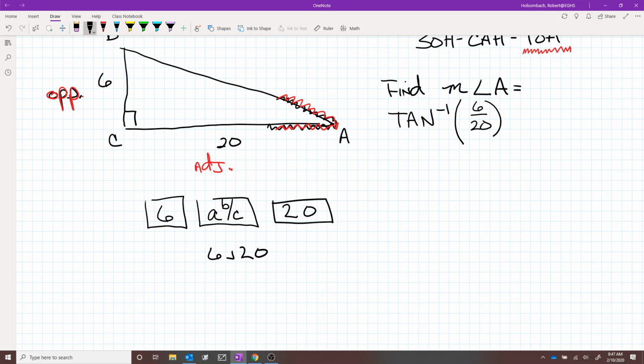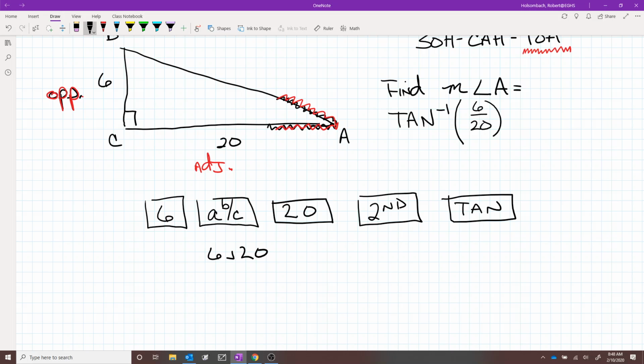Now, since we're using inverse, you push the second button, which is the green button, and then tan. And you don't even have to hit equals.